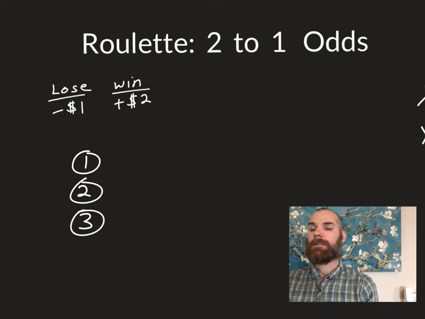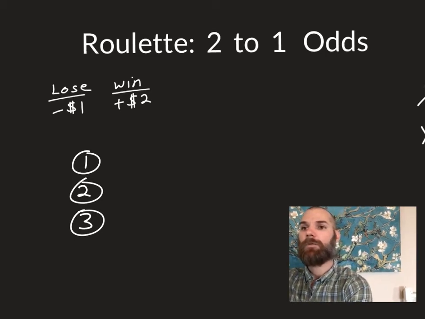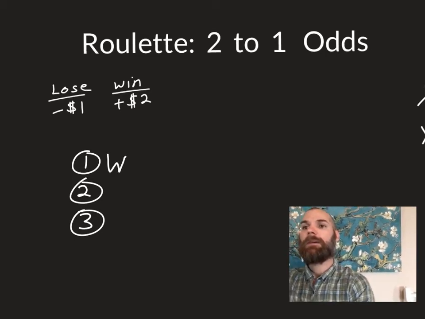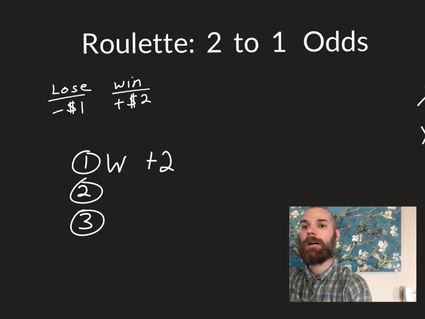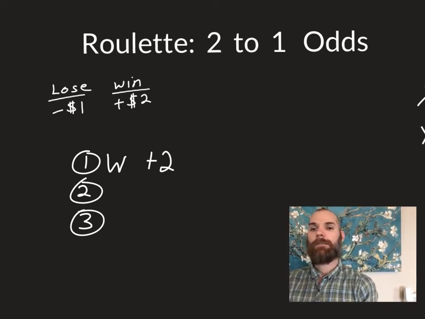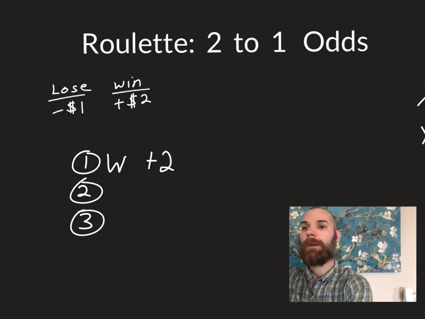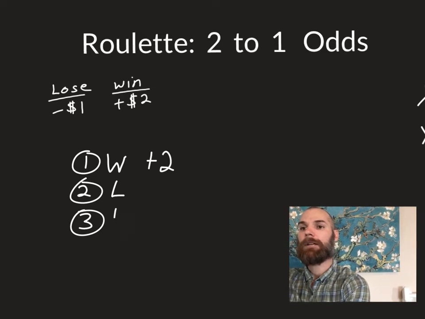So let's think about what would be a way to break even with these 2-to-1 odds. Let's say I play 3 times. Maybe my first time I do well and I win, and if I win, then I get paid $2, so I'm up $2. To break even, my second time and my third time would both need to be losses, at -1 and -1.